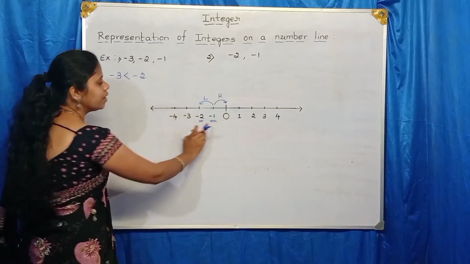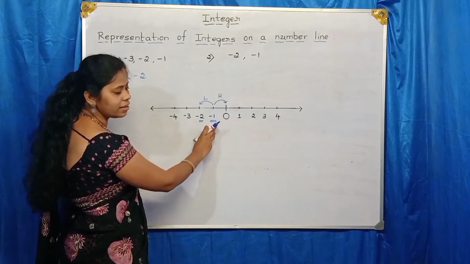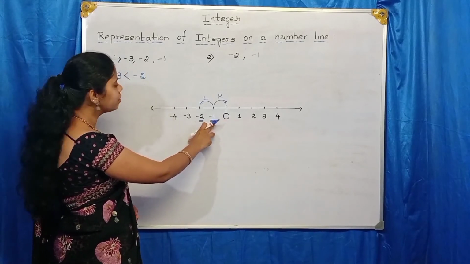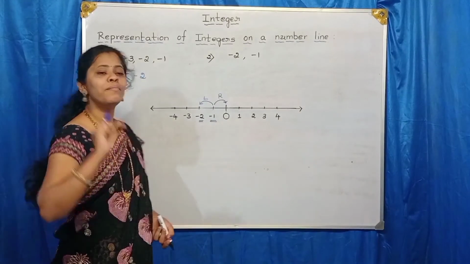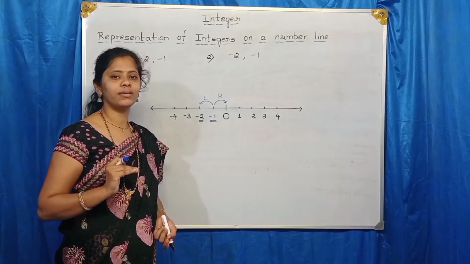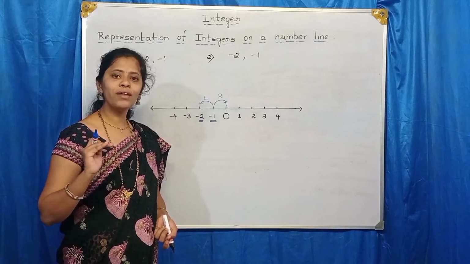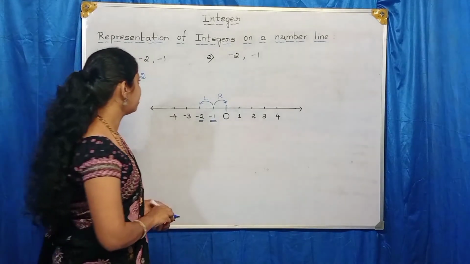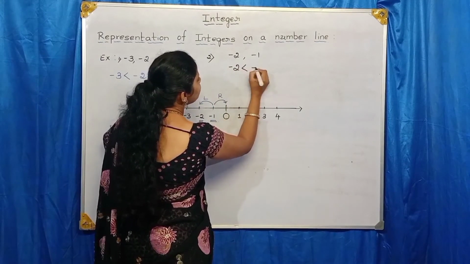Therefore, -2 is smaller, because the numbers on the left side decrease in value. -2 is smaller than -1.